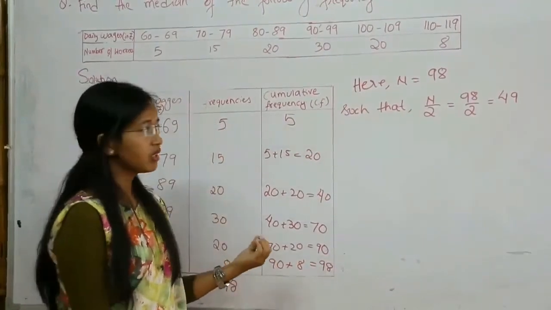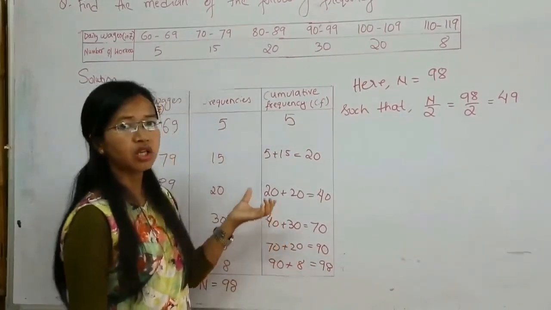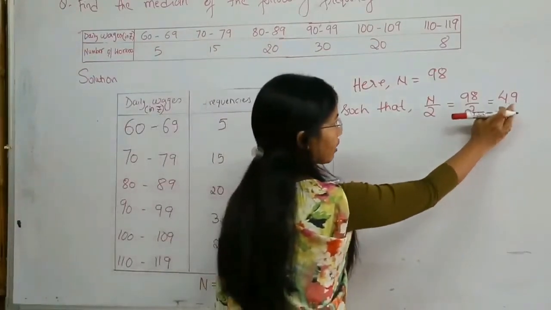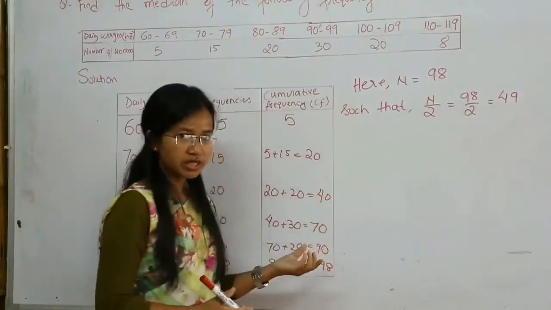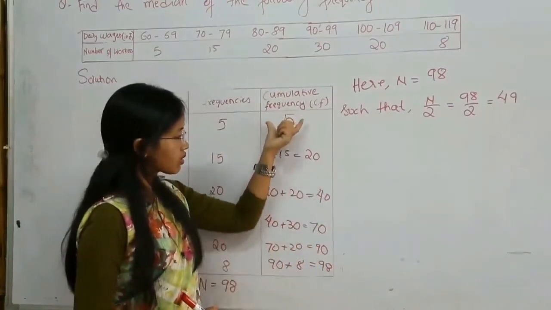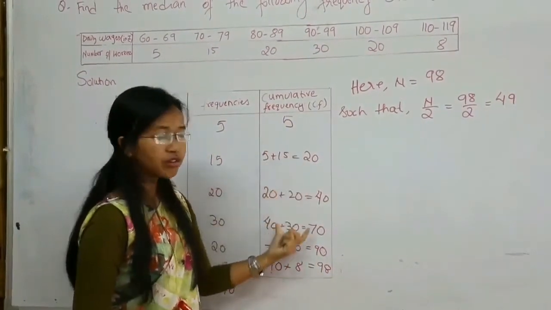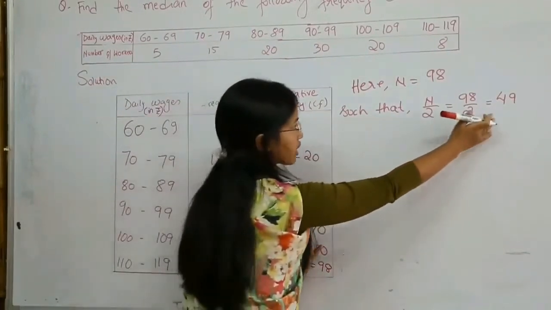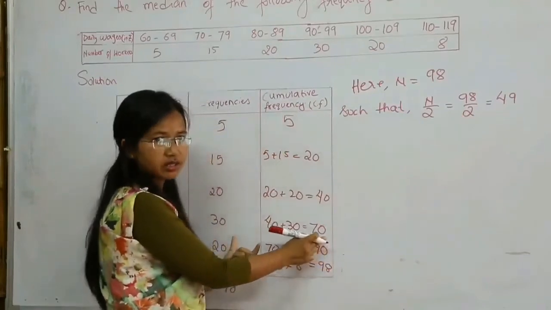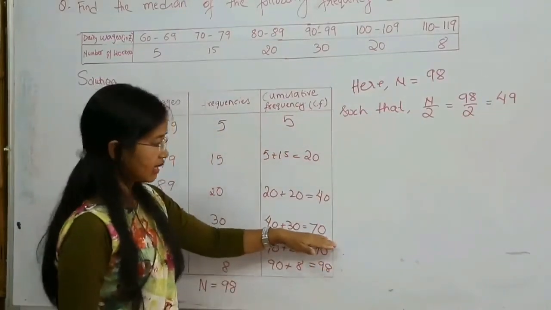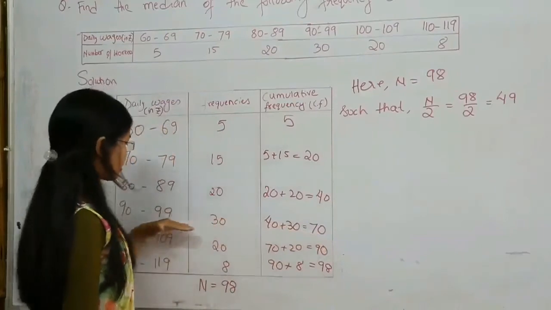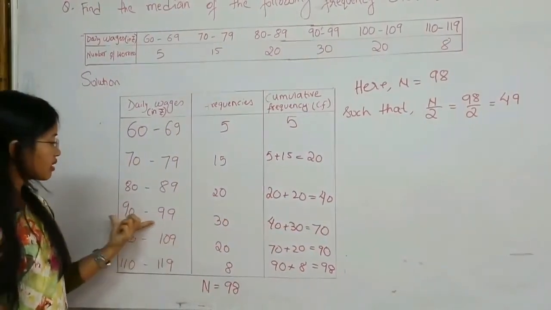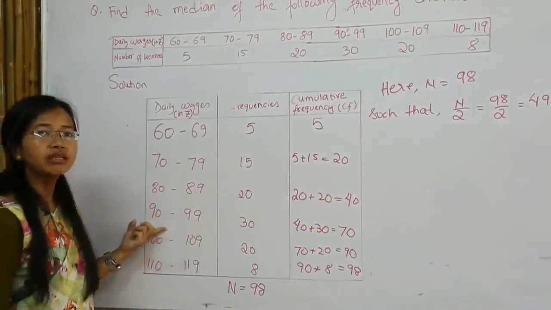To identify the median class, we need to concentrate on the cumulative frequency which is greater than or equal to 49. Now have a look at this cumulative frequency. We don't have any 49 here. So the cumulative frequency which is just greater than 49 is 70. Then this 70 lies in the class 90 to 99. Then it means this class will be our median class.